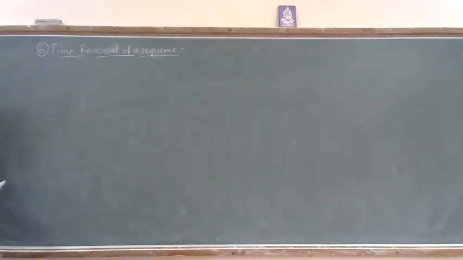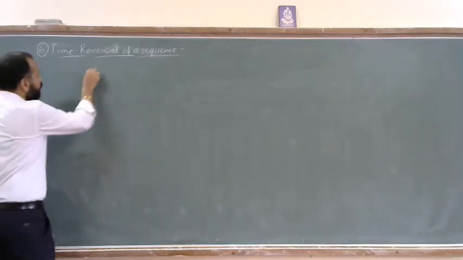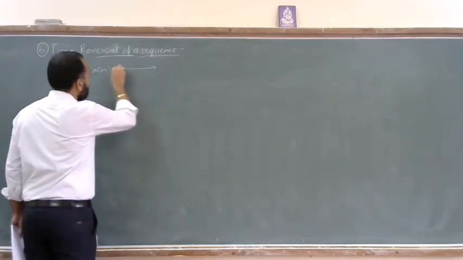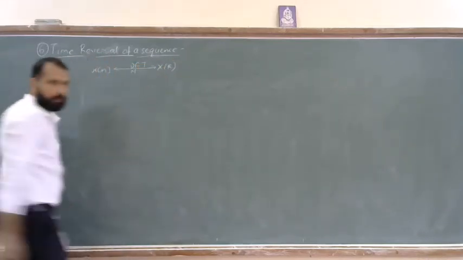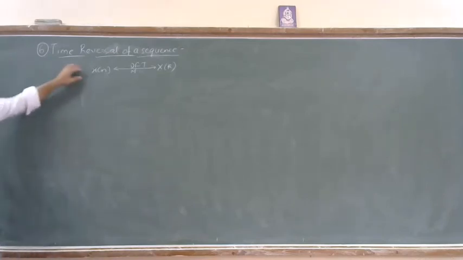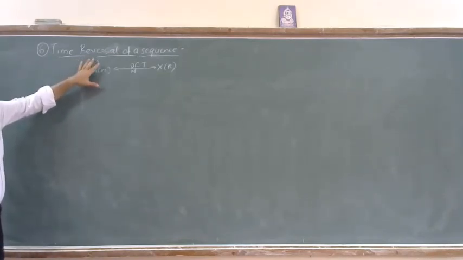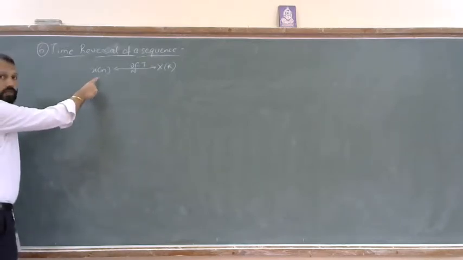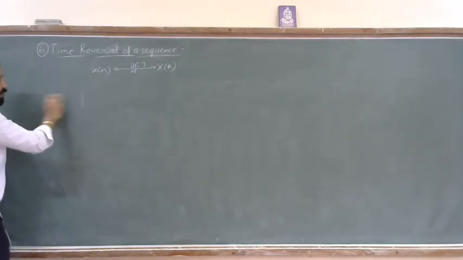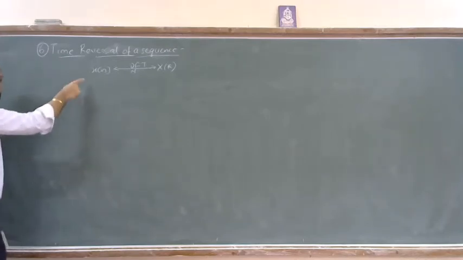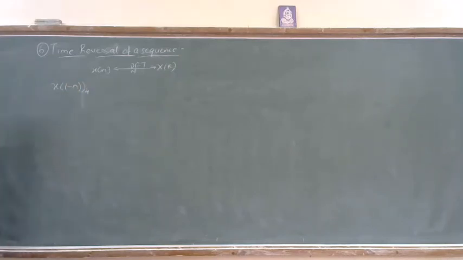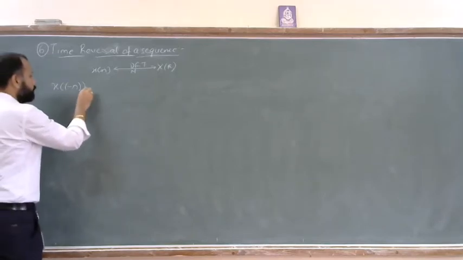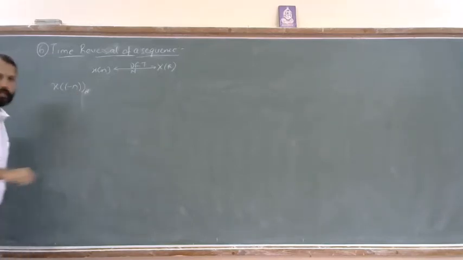Now this property states that if x of n and X of k are N-point DFT pairs, then as the name of the property itself indicates, the time domain sequence will be reversed, and that time reversal in terms of circular nature is represented by x of minus n modulo capital N. Instead of 4, let us keep it generalized.